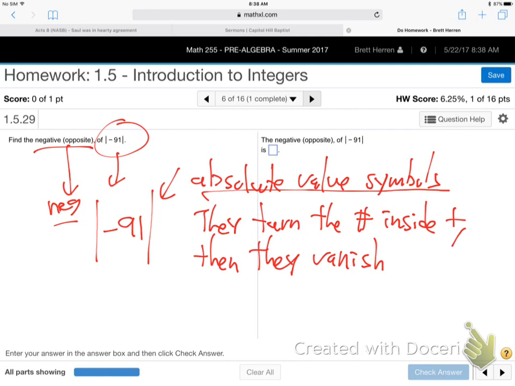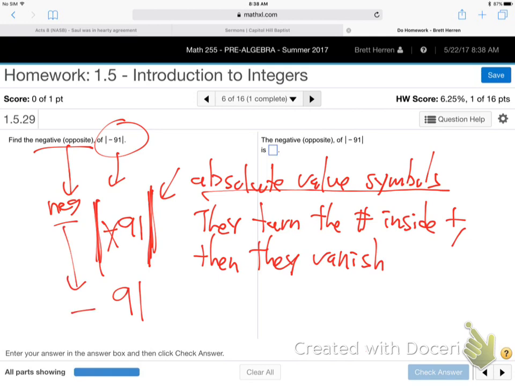So let me do that. Those 2 absolute value lines will make the minus inside vanish. They won't touch the minus that's in the front. They'll just make the minus 91 between them lose its minus, and then they leave, but this minus is still there.